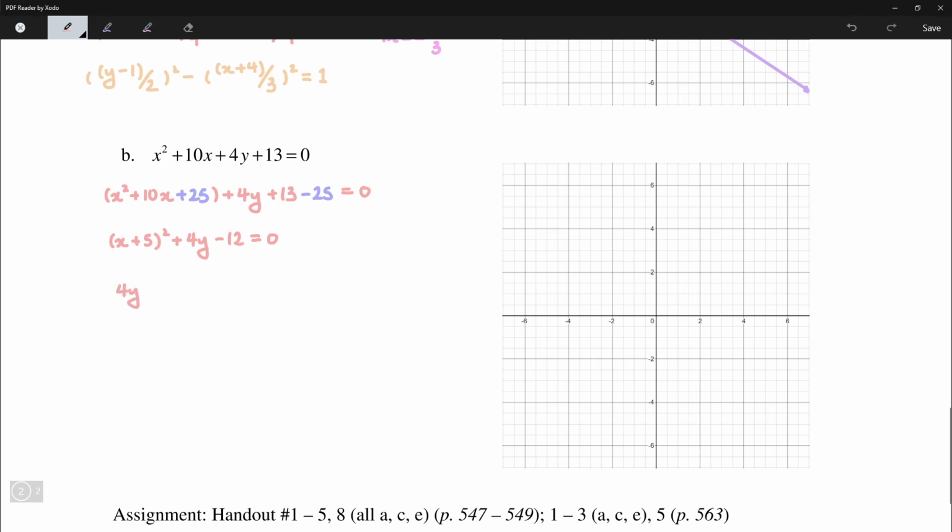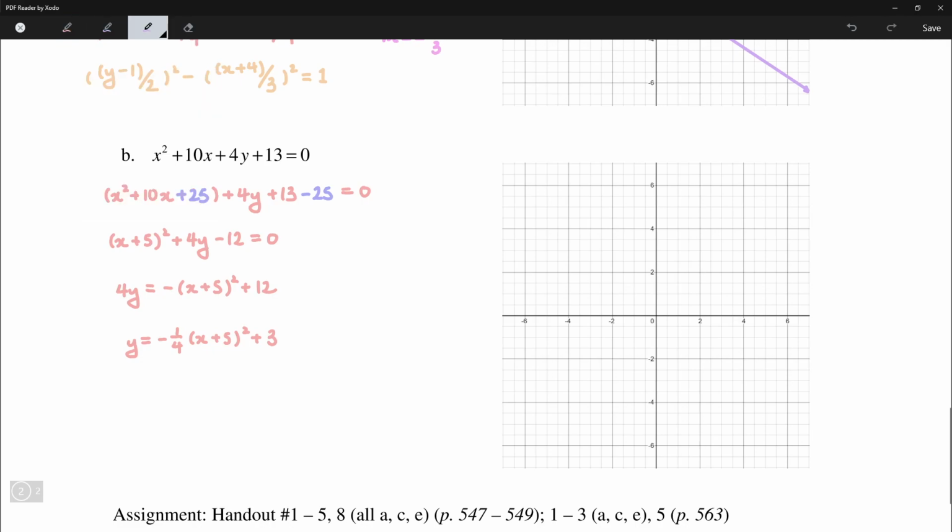So 4y is going to be equal to negative (x plus 5) squared plus 12 on the right-hand side. And of course, now we're going to divide both sides by 4. And we get y is equal to negative 1/4 (x plus 5) all squared, and then plus 3. So this is an equation for a parabola in vertex form.